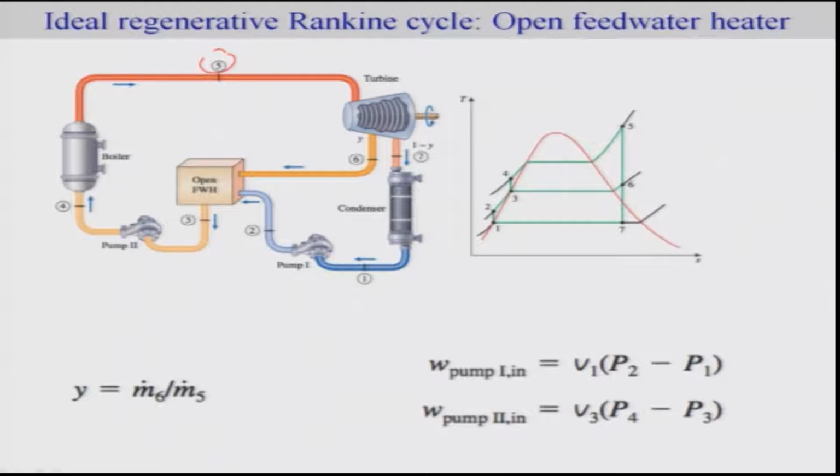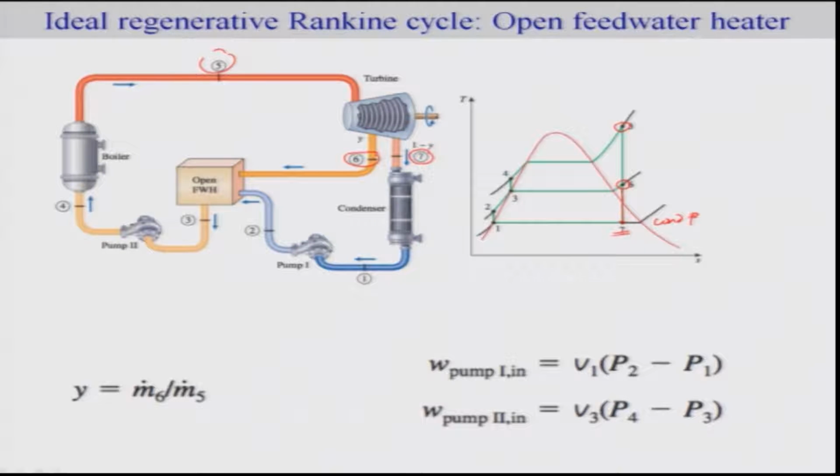This is 5, which was the original point without the open feed water heater. So what we are going to do is take out certain steam at an intermediate pressure, which is 6, okay, and let the rest of the steam expand isentropically, okay. So it goes here until it reaches a two-phase system at condenser pressure, okay.